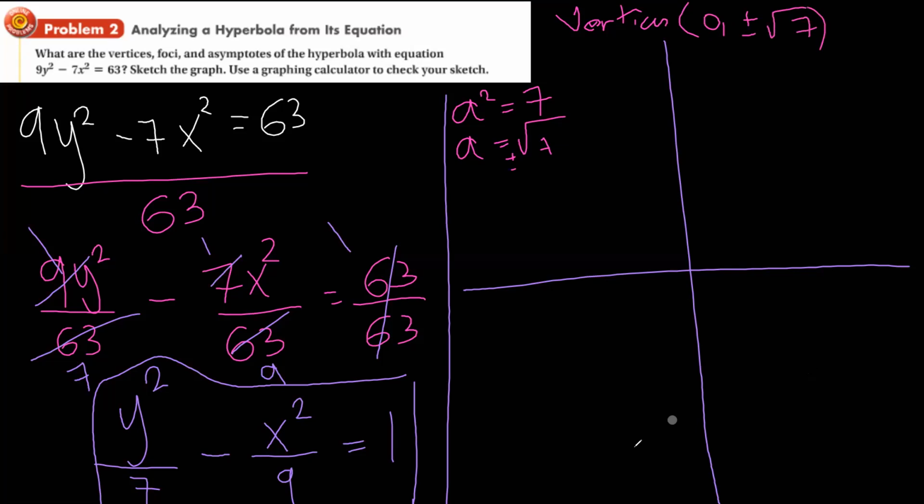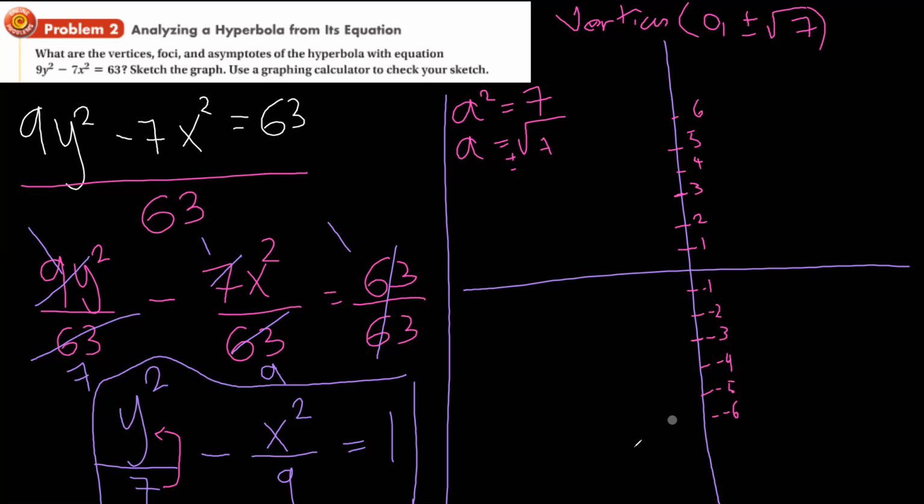From where do I bring the vertices? Look at y. Every time, A must come with y. So since the transverse axis here is vertical, because I'm starting with y, A is on the transverse axis. So here we have the values 1, 2, 3, 4, 5, and 6, and here we have -1, -2, -3, -4, -5, and -6.